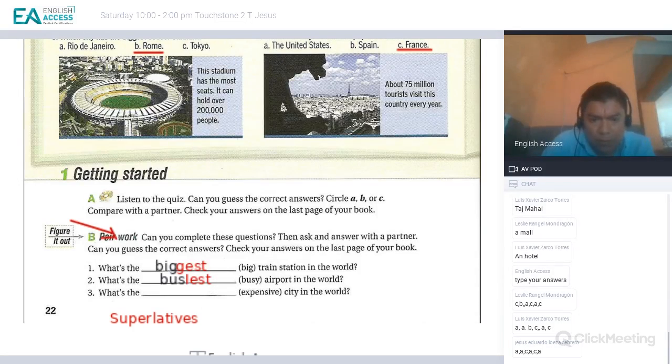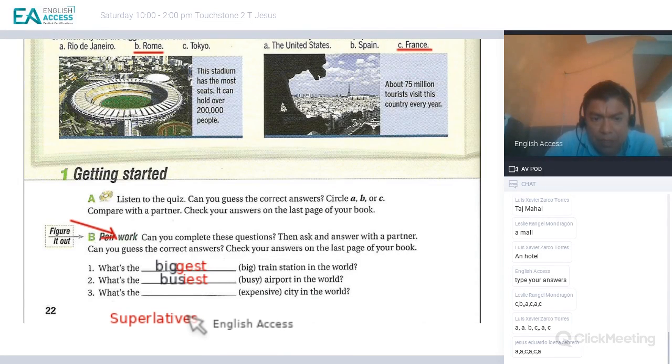Airport. What? Busiest. Yes. And these are short adjectives.